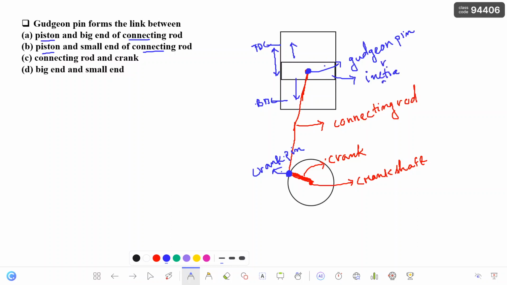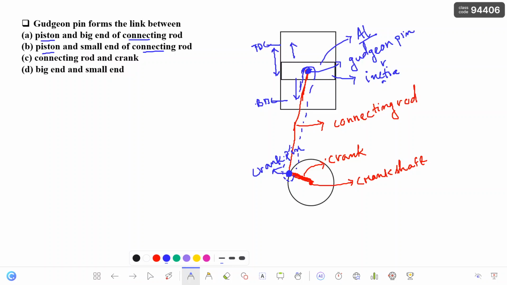If there is more inertia, more energy is used, and we cannot move a bulkier object very fast. So we have to move this piston as fast as possible. That is why, as I've already covered, the piston is made of aluminum, because we want it to be lighter. That is why the connecting rod small end will be connecting to the piston, and the larger end, or bigger end, will be connecting to the crank.